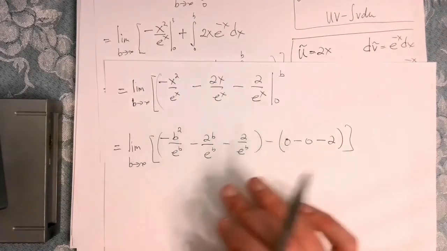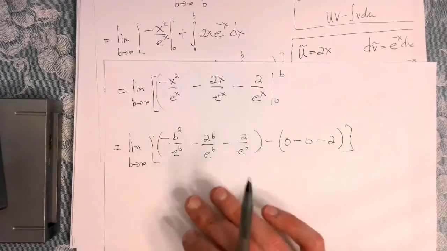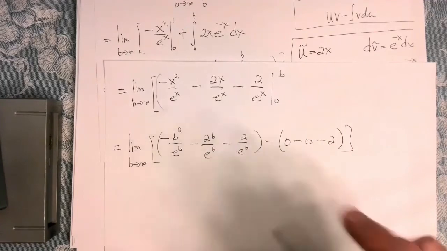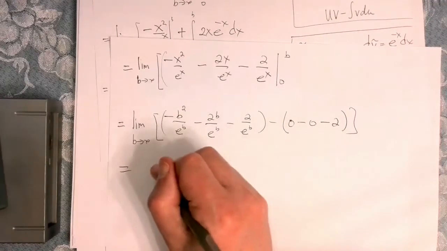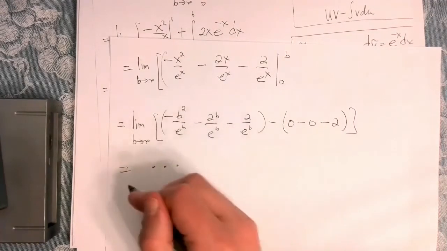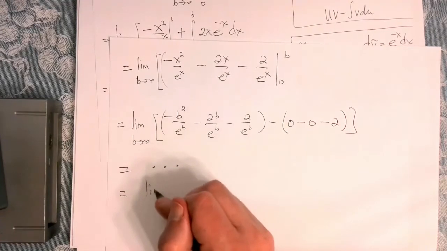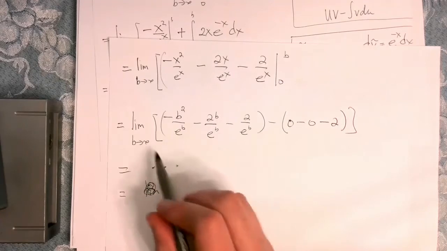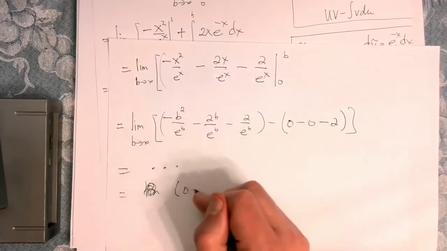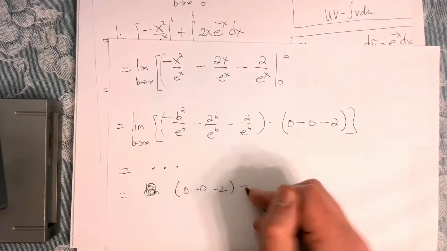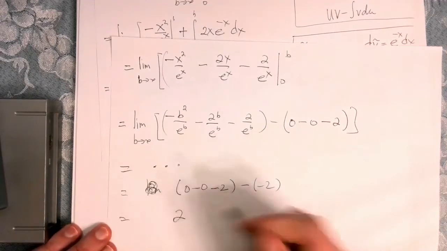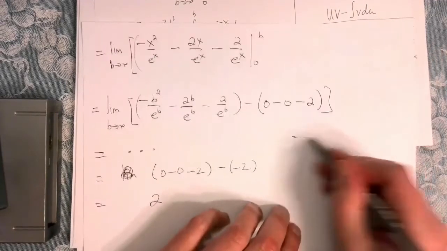Now, typically, I would be careful and show every step of L'Hopital's rule. I think we're going to need one application here and 2 applications here. But for the sake of the video and respect for your expertise, I'm going to skip that if you don't mind. So I'm going to say, after we carefully work this out, and just again to save a little bit of time, we're going to get 2.